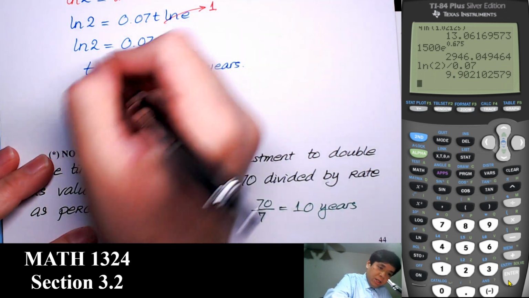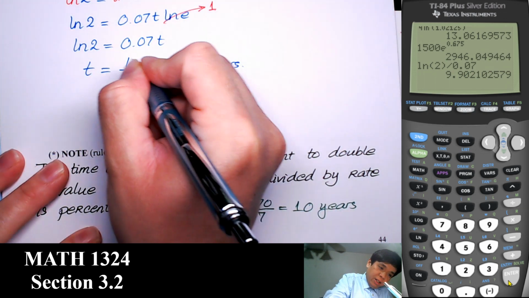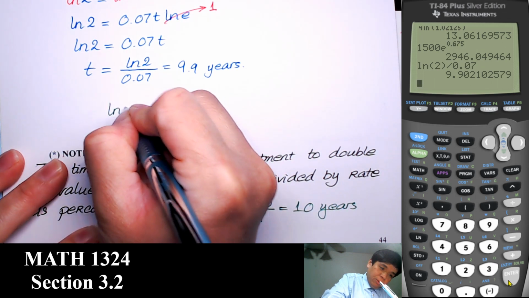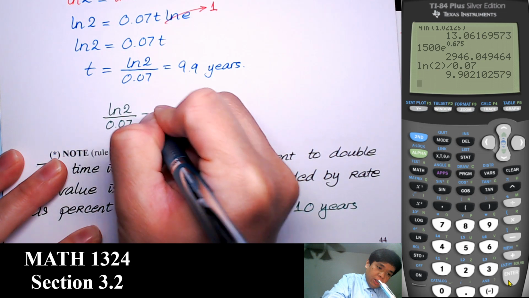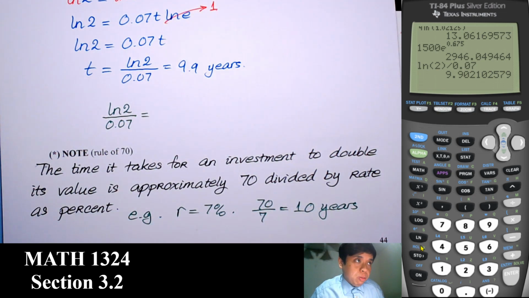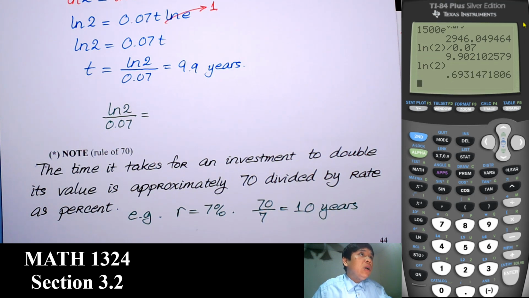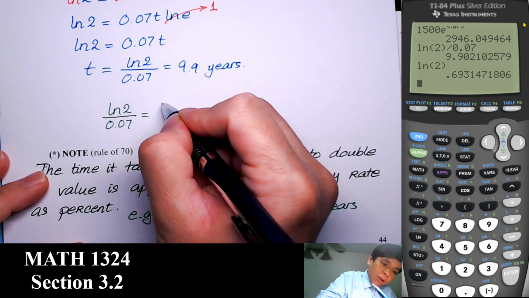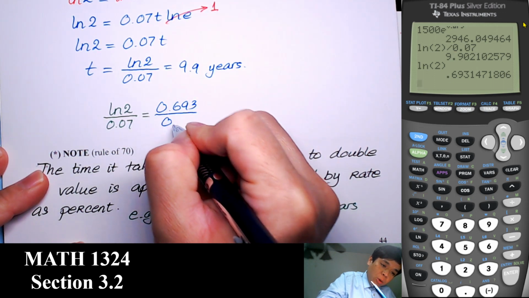Well, let's go back to this. We have ln of 2 divided by 0.07. ln of 2, if we put that in the calculator, is 0.693. And 0.07.